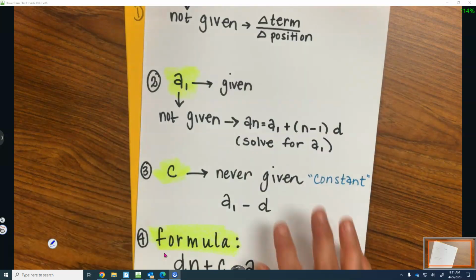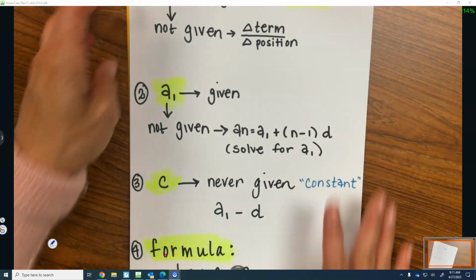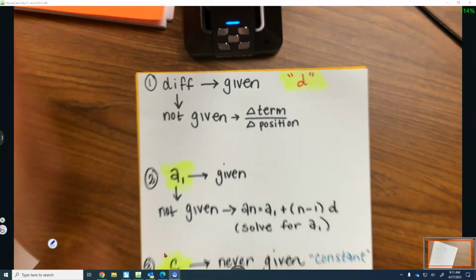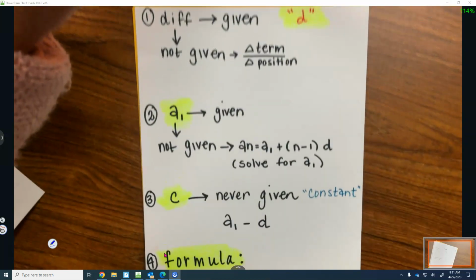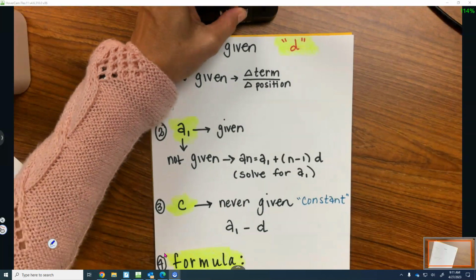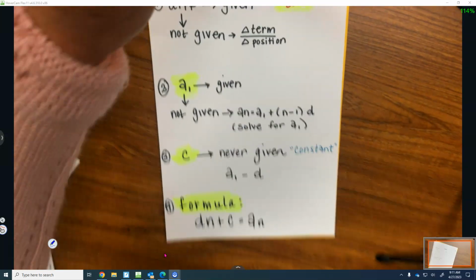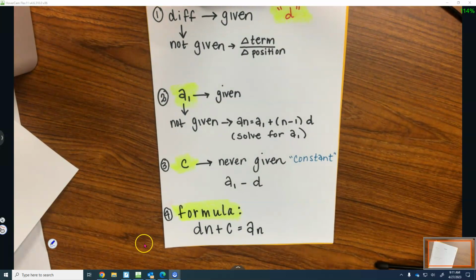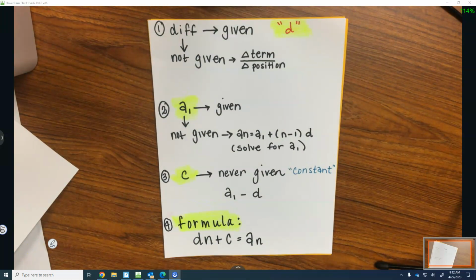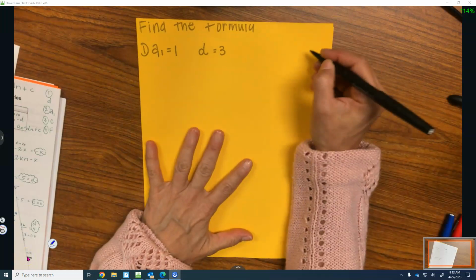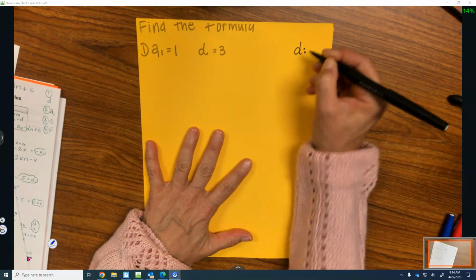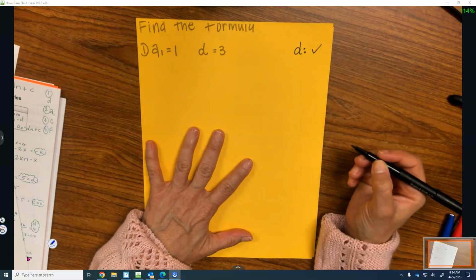All right, so before we get started, guys, I've made a flow chart for you to find this stuff, and this is not in your packet anywhere. So if you could please write this down. Go ahead and hit pause on the video and write this down. To find the formula, you need the difference, which is given to us.